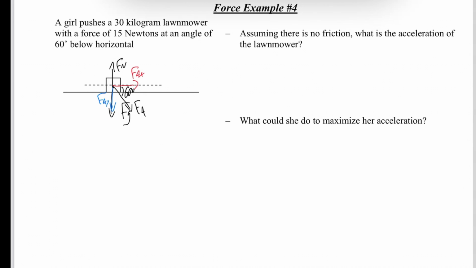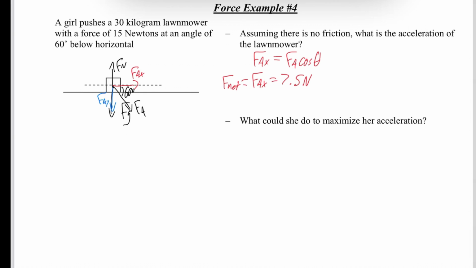As we said before, with no friction, the acceleration is only going to depend on what FAX is equal to. So in this case, FAX is going to be equal to FA cosine theta. We'll plug in 15 newtons times cosine 60, and we will get that the applied force in the x direction will be equal to 7.5 newtons, which is also going to be our net force.